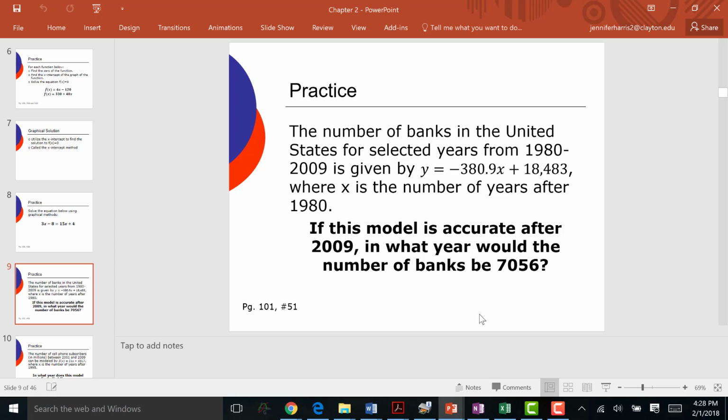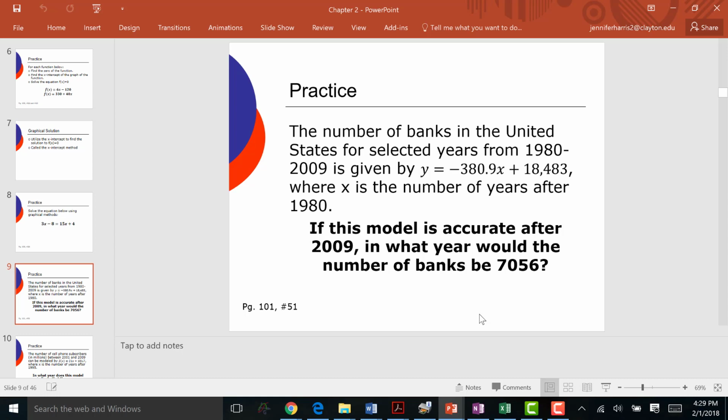18,483. Somebody do the math on the calculator. Tell me what that is. It should be a negative number: negative 11,427 equals negative 380.9x. Divide both sides by? Okay, so here I'm going down to the next board because I'm running out of board space.